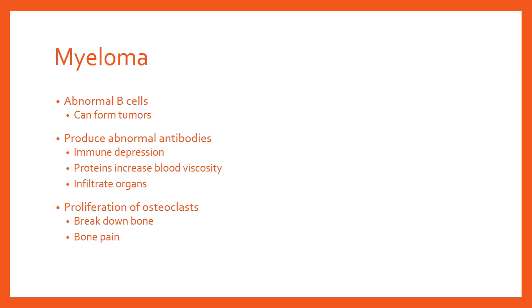But again, to summarize this, we need to remember that this is a disease of blood cells, plasma cells. Tumors can be formed. One of the main manifestations is resorption of the bone through proliferation of osteoclasts, and bone will break down, and hypercalcemia with all the consequences of this will occur, and the patient may have complaints of bone pain, weight loss.